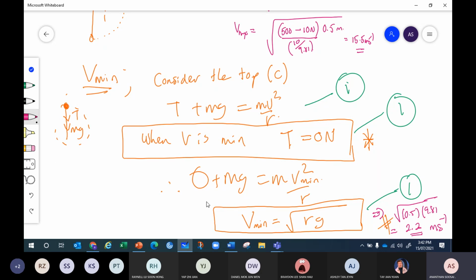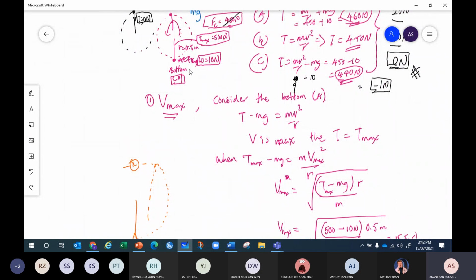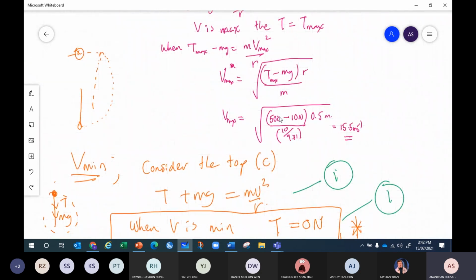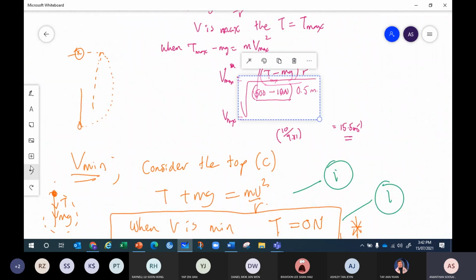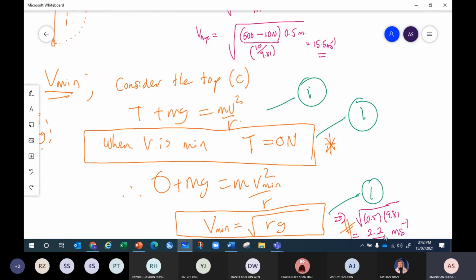Okay, so this is the total investigation of this system. Just now the system he rotates, finally we conclude for him: don't go beyond V max of 15.5. The V minimum is 2.2. So he can whirl the system with any speed he likes between these two values.